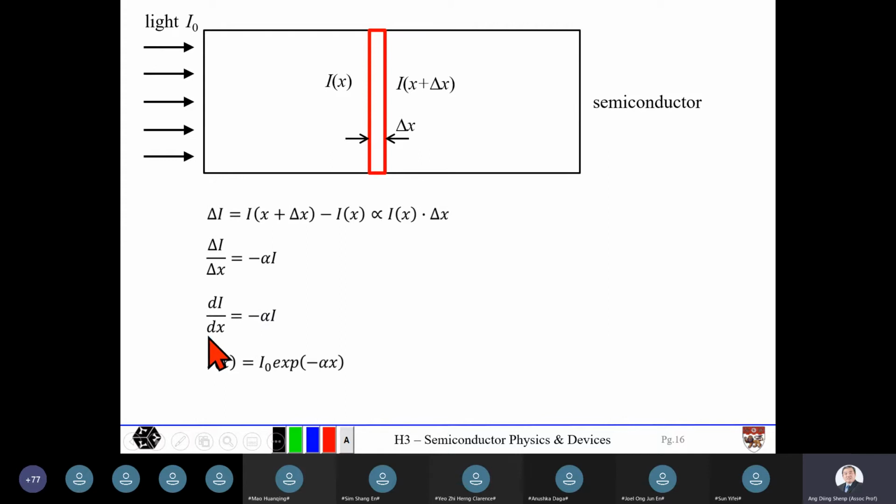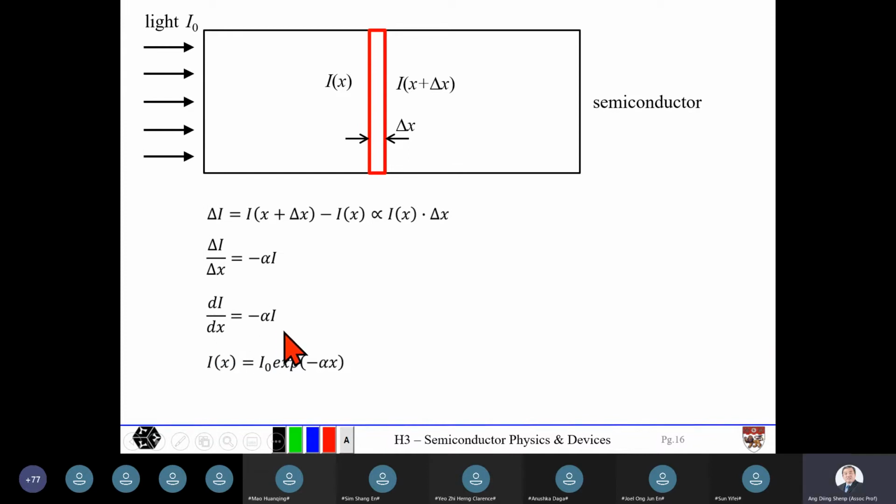This gives us a first order differential equation which can be easily solved by the technique of variable separation. You separate the two variables, bring the term involving I, the intensity, to the left and the dx to the right, and integrate both sides. You have seen many examples of this earlier on, so you should be able to solve it.